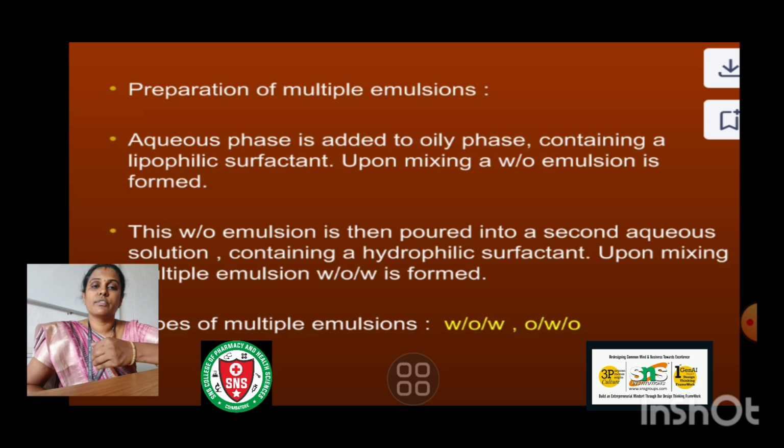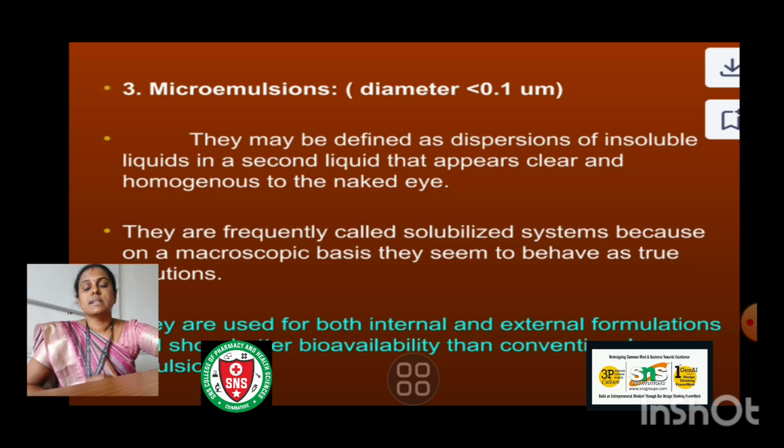When we pour it a second time, we get a water in oil in water type of emulsion. And if the process is repeated vice versa, we get oil in water in oil. So the two types of multiple emulsion we get are water in oil in water and oil in water in oil.